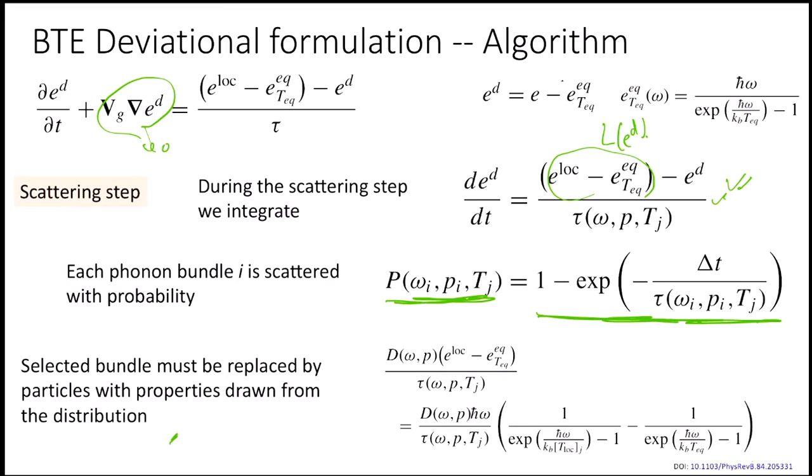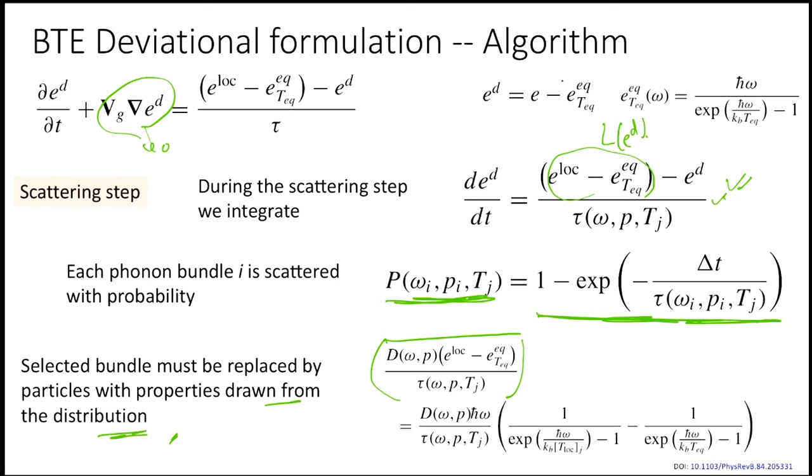Okay, so once we have found the probability, and let's say the particle now would scatter, it is going to go through the scattering. Then we could select the bundle and replace it by properties drawn from this distribution.